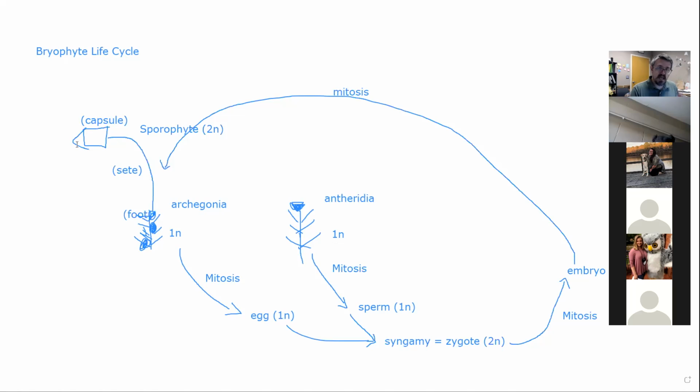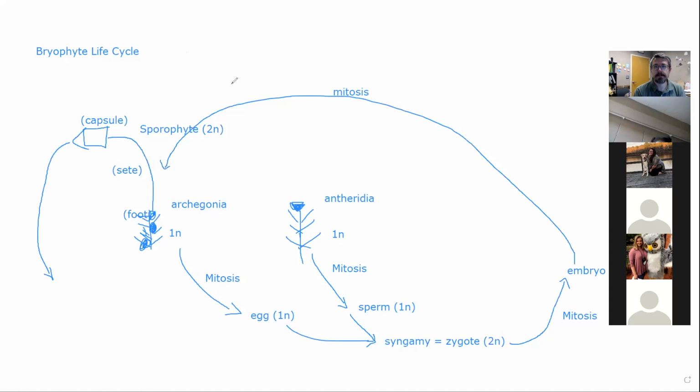Now, inside of this capsule, because this is a sporophyte, what do you think is going to get made inside that capsule? When this top blows off, what's going to come out? So the name is sporophyte, so you must make what is it?